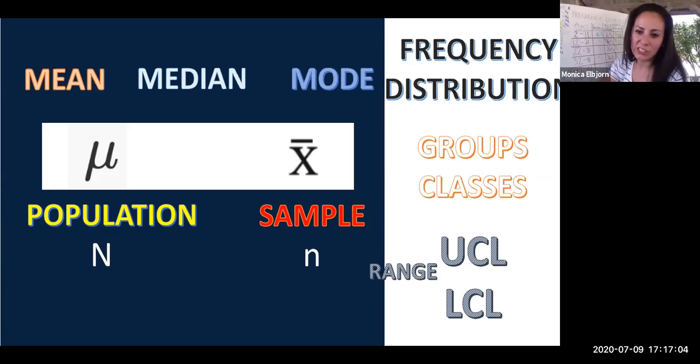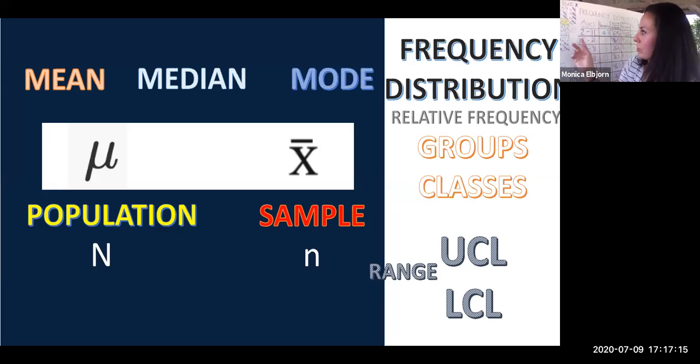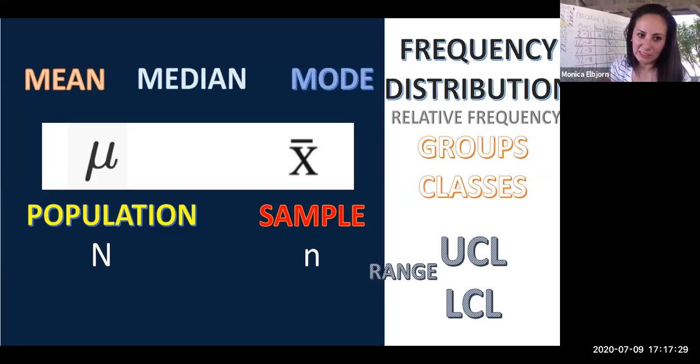So the range is also called our width, the range between our classes. The difference between 2, 3, 4, 5, 6, 7, 8, 9, 11. That's the range between the lower class limit and the upper class limit of the first class. It's 9, the range. But the range between classes will be 10.